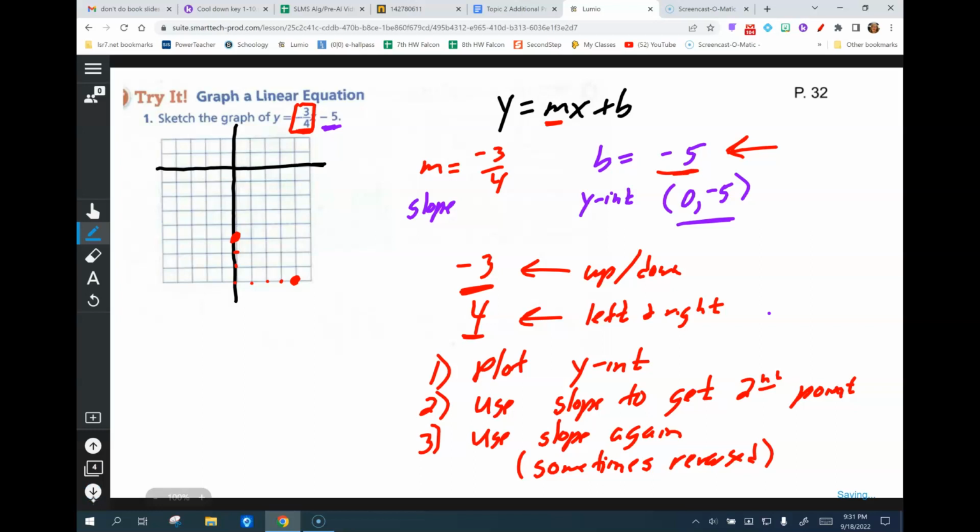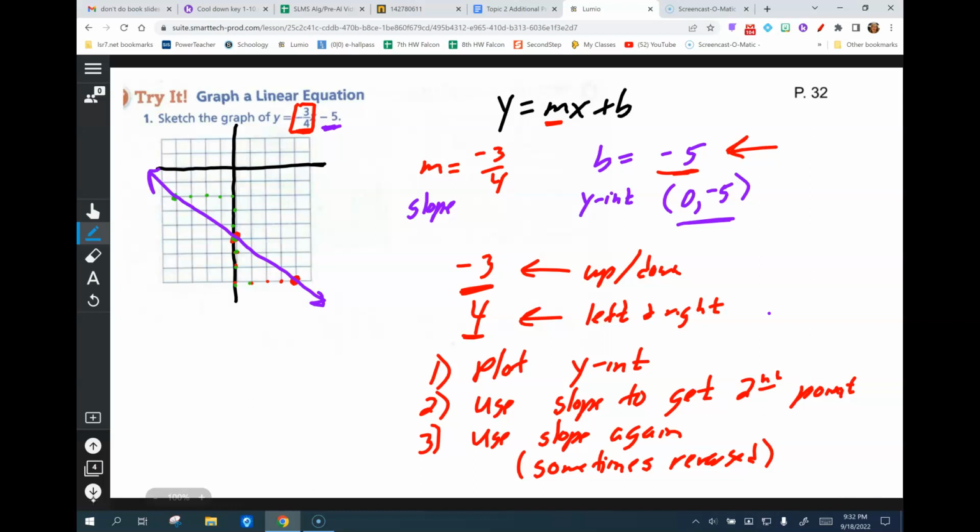But we go back to our y-intercept, okay? So we go back to our y-intercept right here, and instead of going down 1, 2, 3, we're going to go up 1, 2, 3, and instead of going to the right, we're going to go to the left. 1, 2, 3, 4. We didn't have to make a table. We just draw in our line right here with these 3 points. Isn't that cool? Okay, that's how we graph using slope and y-intercept.